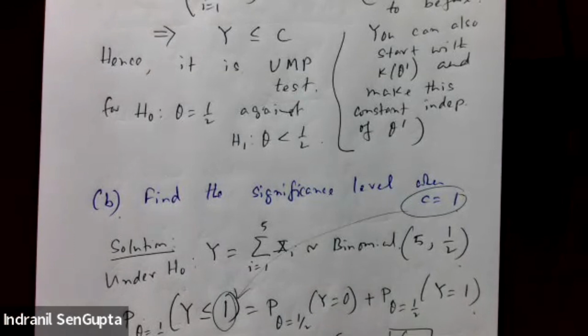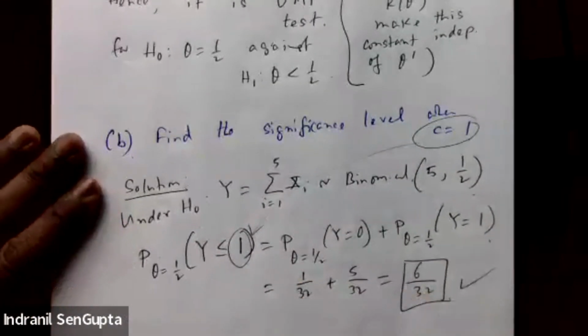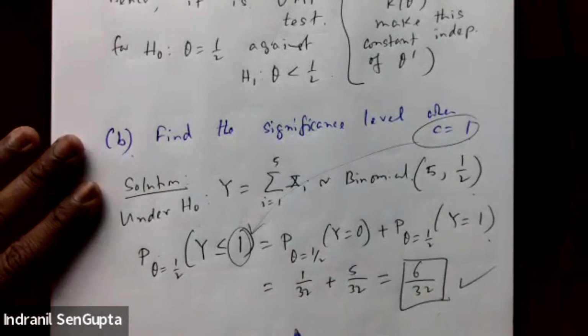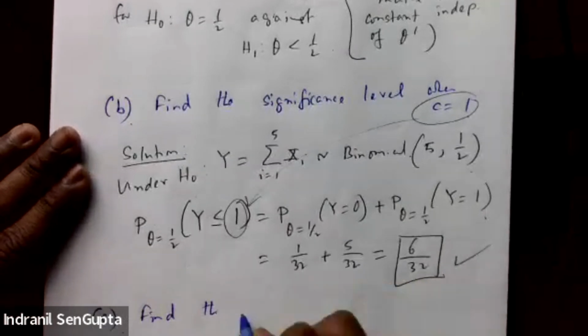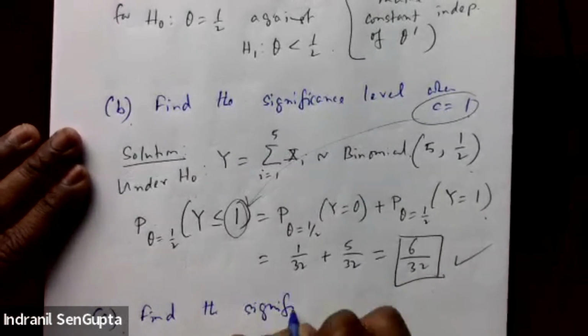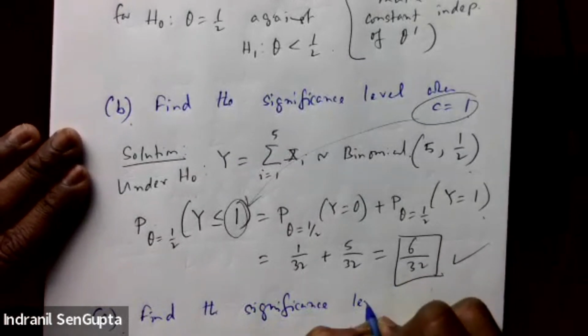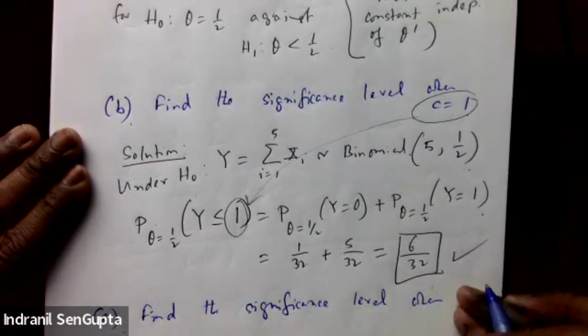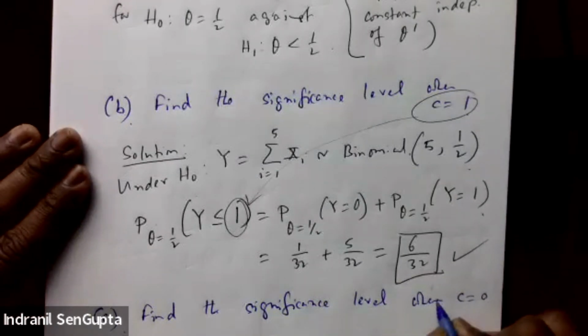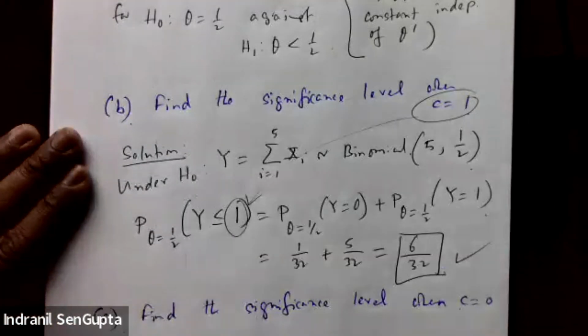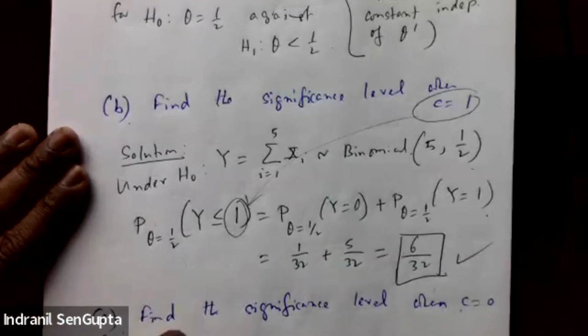And the last one, part C, asks to find the significance level when c equals 0. Basically I'm trying to compute the same thing.